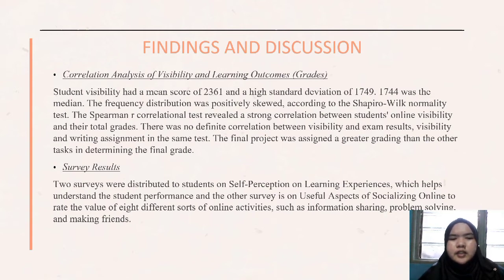The Spearman correlational test revealed a strong correlation between students' online visibility and their total grades. There was no definite correlation between visibility and exam results, or visibility and writing assignment in the same test. The final project was assigned a greater grading than the other tasks in determining the final grade.